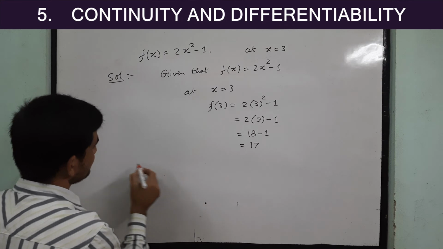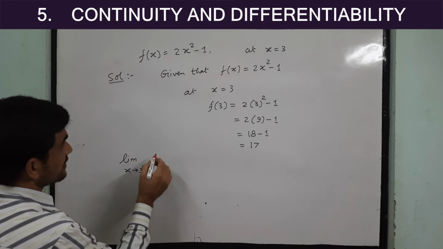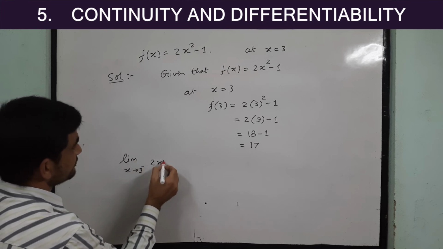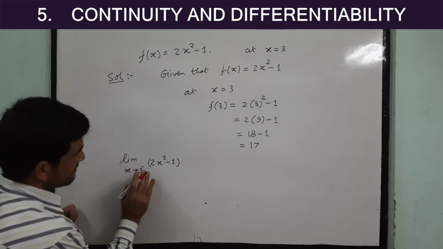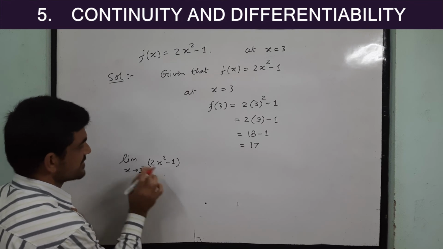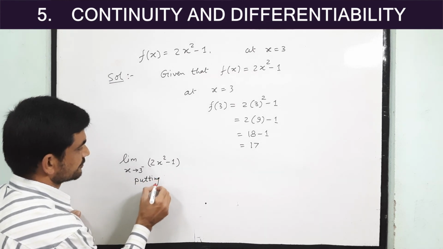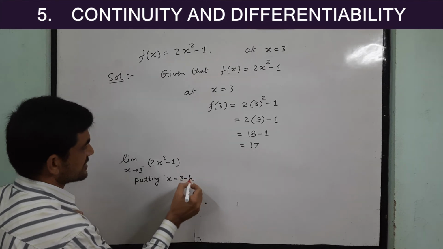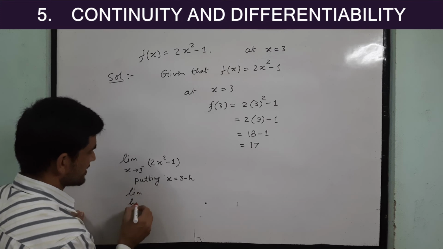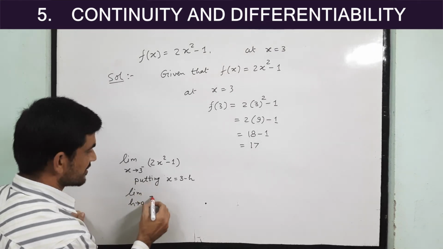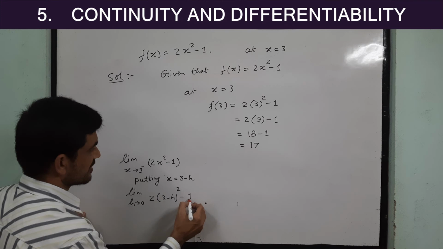Now we will find the left hand limit, limit as x tends to slightly less than 3. To find the left hand limit, we put x = 3 − h, where h is a very small quantity. If x tends to 3, h tends to 0. So we get limit h tends to 0 of 2(3 − h)² − 1.